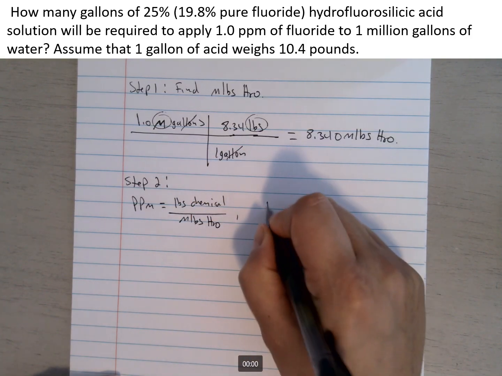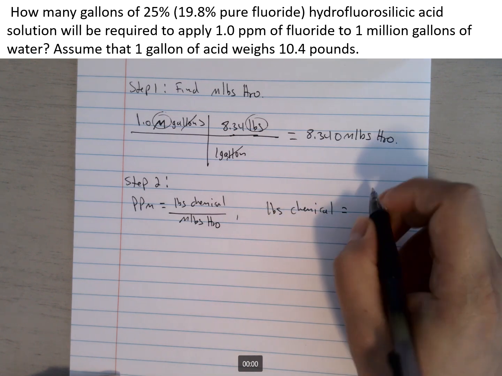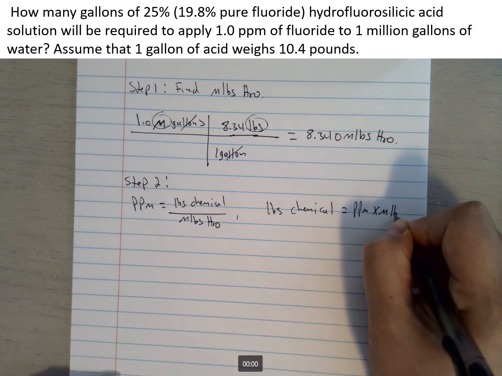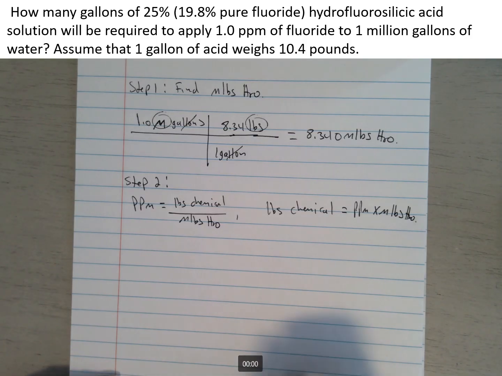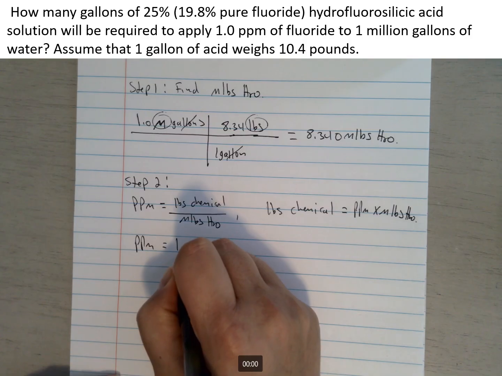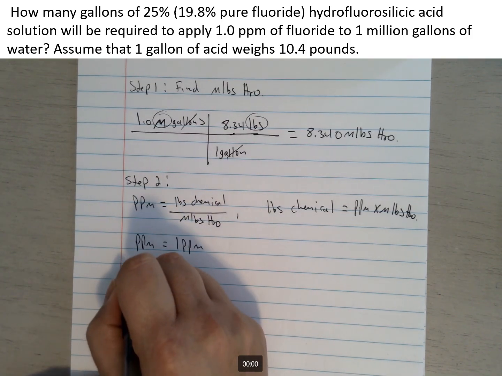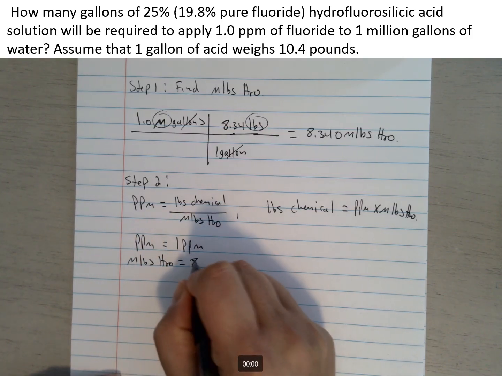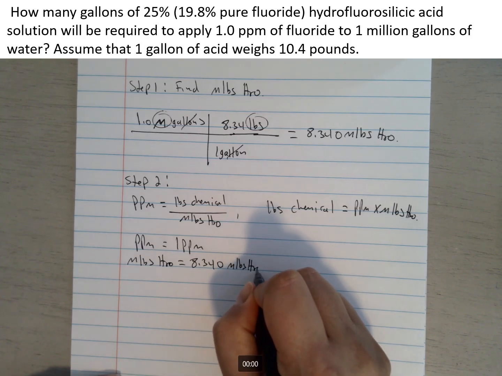I also have pounds of chemical equal to your part per million multiplied by your million pounds of water. In the problem statement, we're already given our part per million. That's 1 ppm. We also just calculated our million pounds of water. That's equal to 8.34.